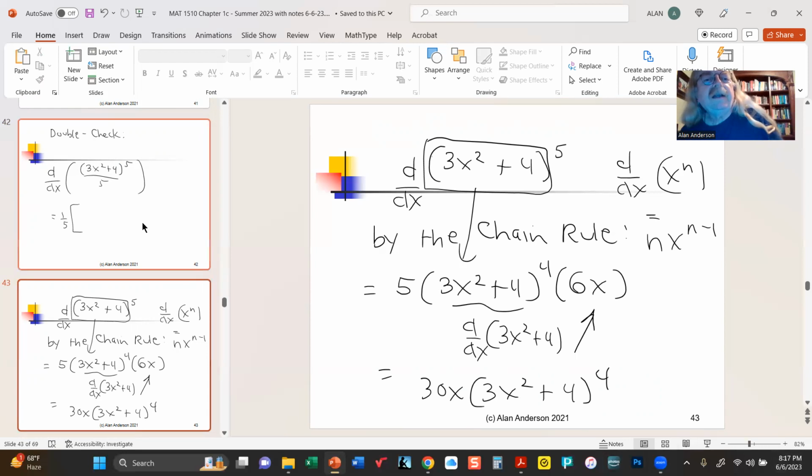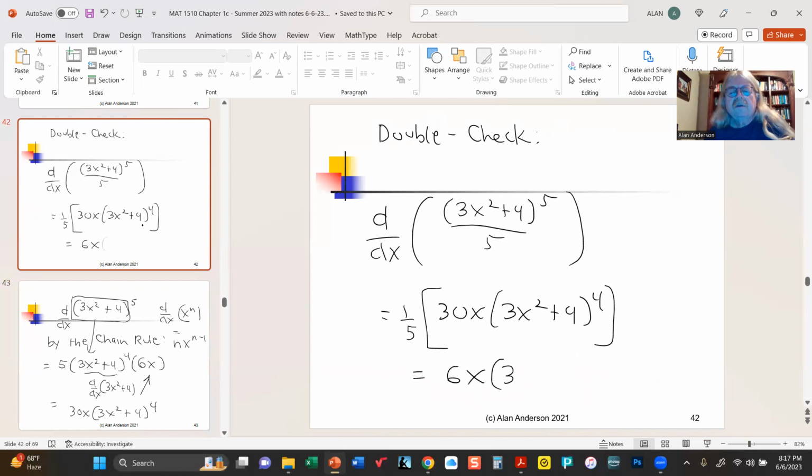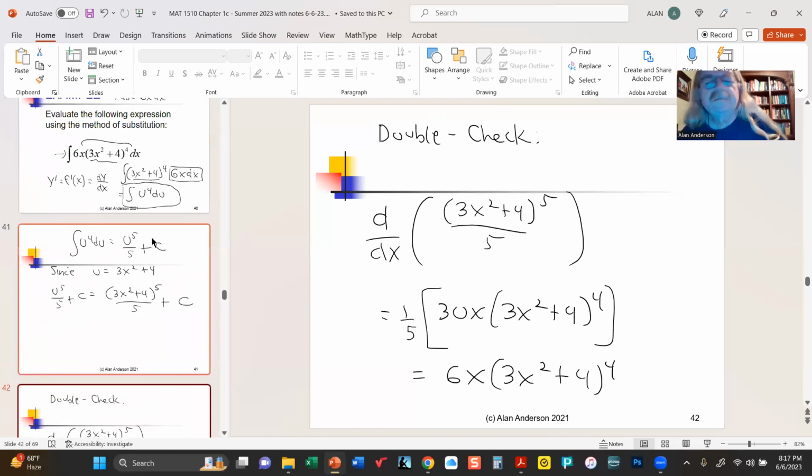So when I bring that back here, I've just got that 1/5 on the outside. I end up with 6x, 3x squared plus 4 to the 4th. And that, as you recognize, is our original function. So what this means is that we've done this correctly.